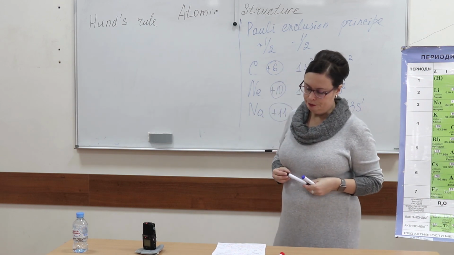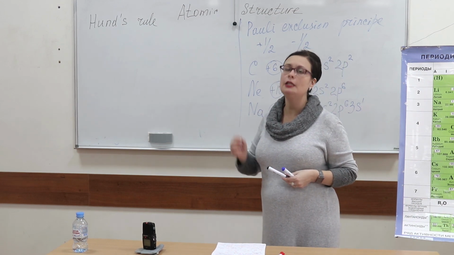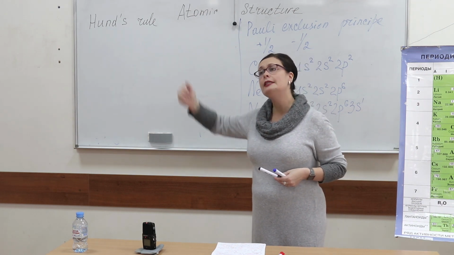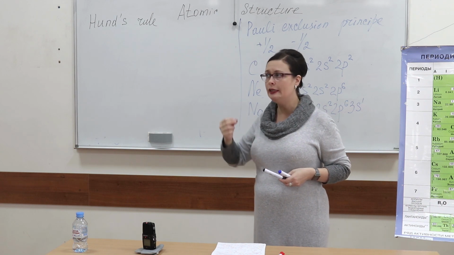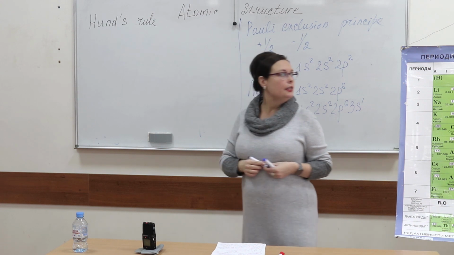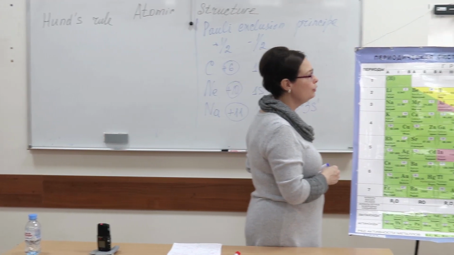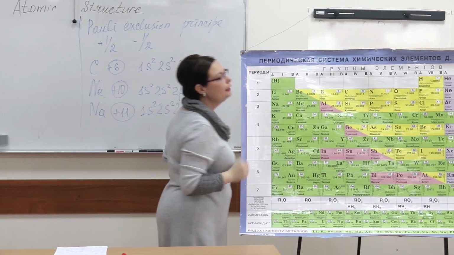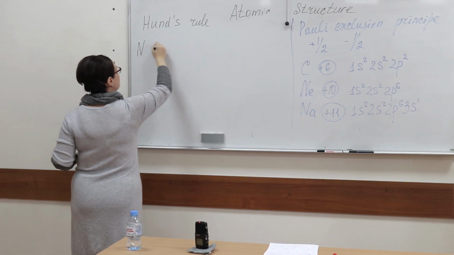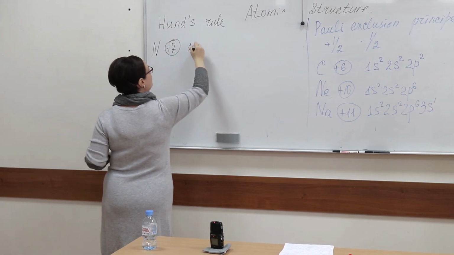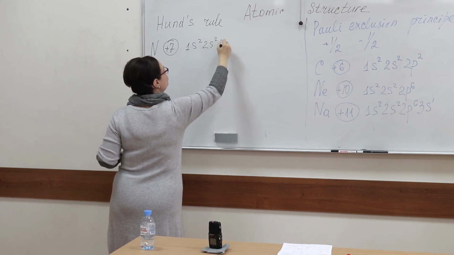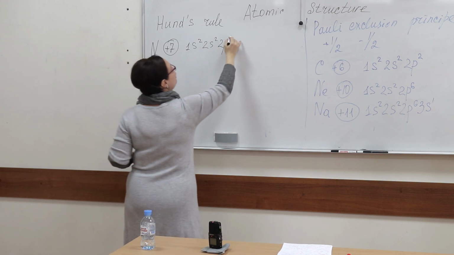It means that they tend to fill the orbitals singly, and only after singly filling can the second electron be installed in this structure. Let's consider the structure of nitrogen, number 7. Plus 7, 1s2, 2s2, 2p3.